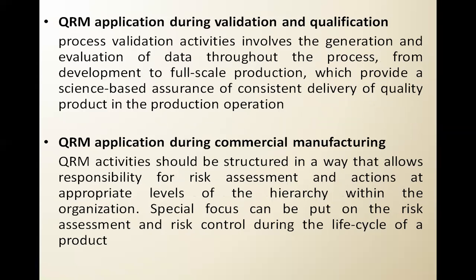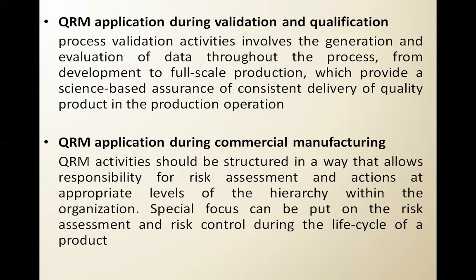Then QRM application during validation and qualification. Process validation activities involve the generation and evaluation of data throughout the process, from development to full-scale production, which provides a science-based assurance of consistent delivery of quality product in the production operation.